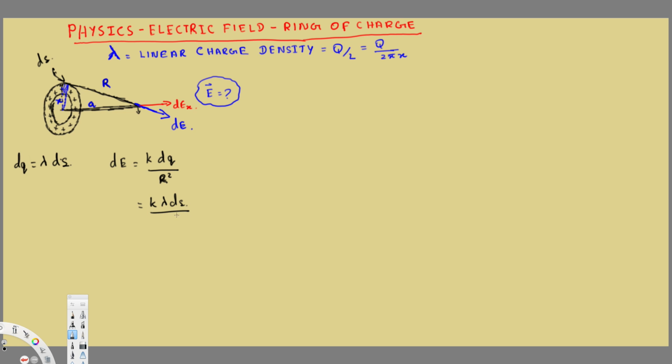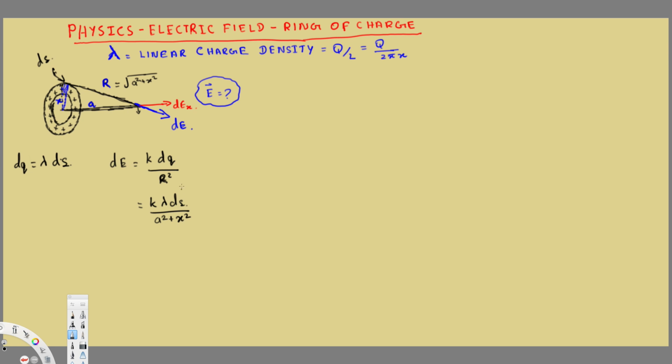At the bottom, we are going to have r square. If you look at this, this distance is a, this height is x, so we can say r is equal to the square root of a square plus x square. But we have r square right here, so this is going to be a square plus x square. So this is what we have.